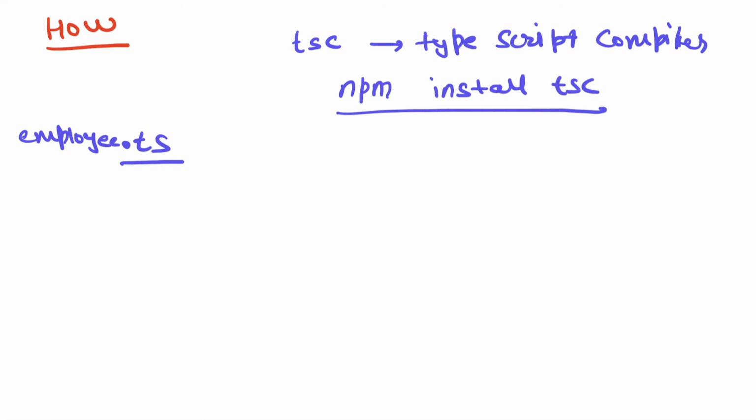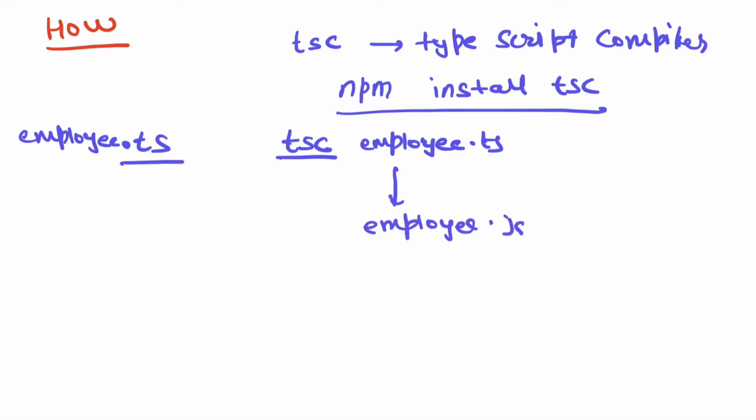You can write your TypeScript code in employee.ts, and then you have to run the command tsc and then your file name, let's say employee.ts. Once you run this command, the TypeScript compiler will convert this file into employee.js, and then this file would be used within your web framework.